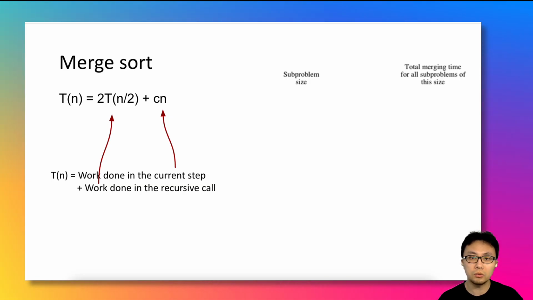So we can list them in this table like this. In the next step, the recursion is triggered on half of the input size, both left half and right half. So the problem size becomes n divided by 2 for the left half and n divided by 2 for the right half. Since there are two of them, we will list them both.